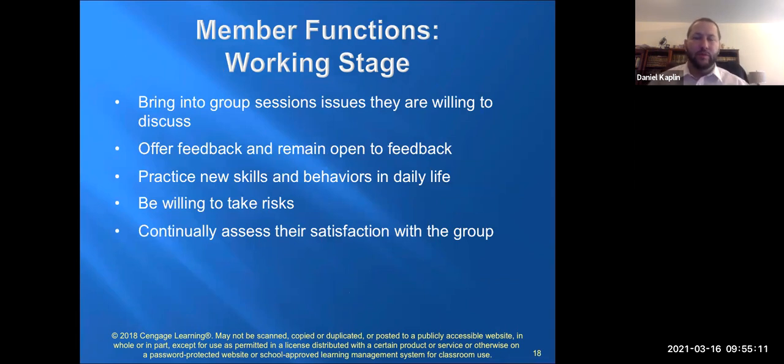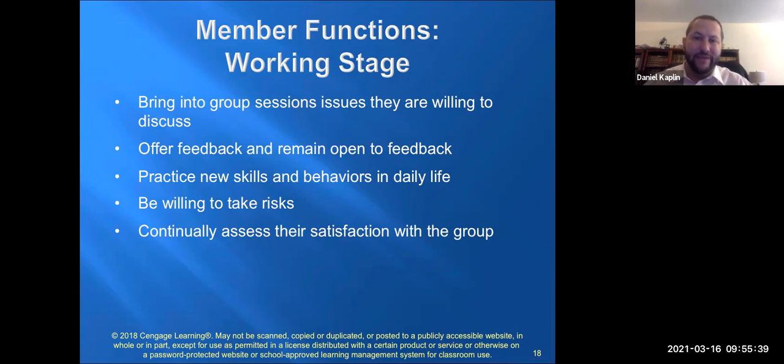Now, the member function. What should members be experiencing at the working stage? Well, they should come into group ready to talk. They should come into group ready to share experiences or issues that they want to bring up. They should be committed to offering feedback to another person.